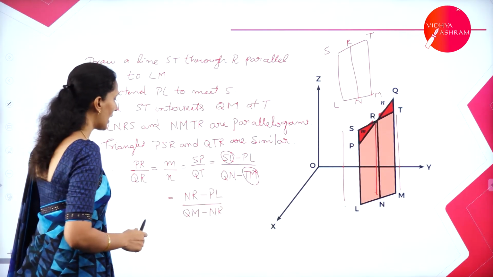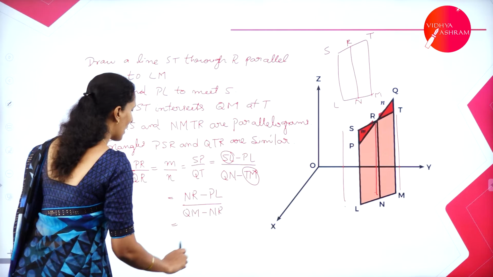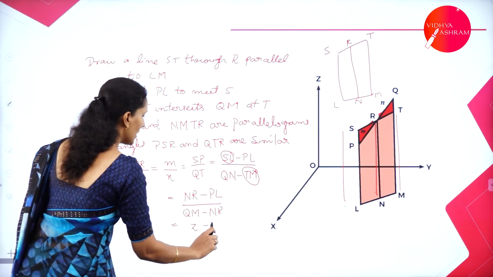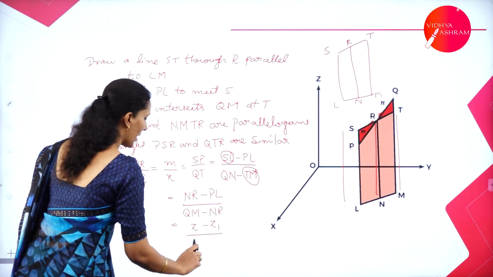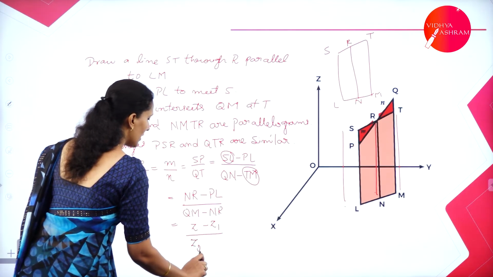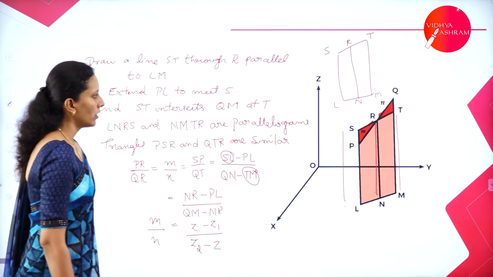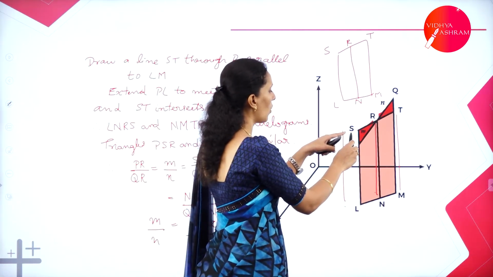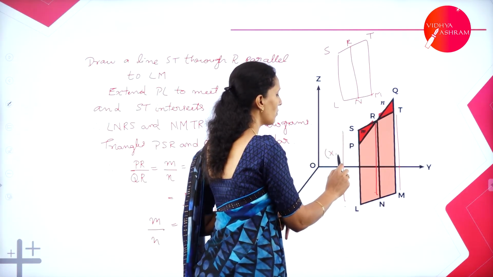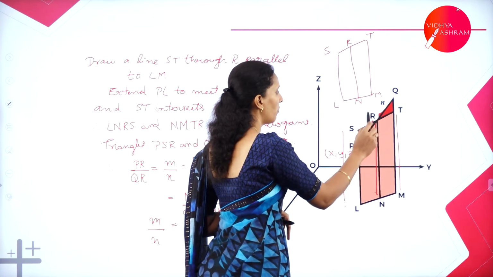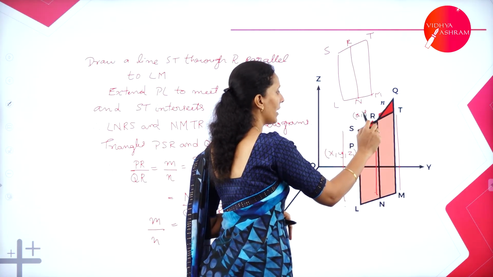So therefore, NR can be written as Z minus Z1 divided by Z2 minus Z. That is M by N. So we have the coordinates for P as x1, y1, z1. For R we have x, y, z.